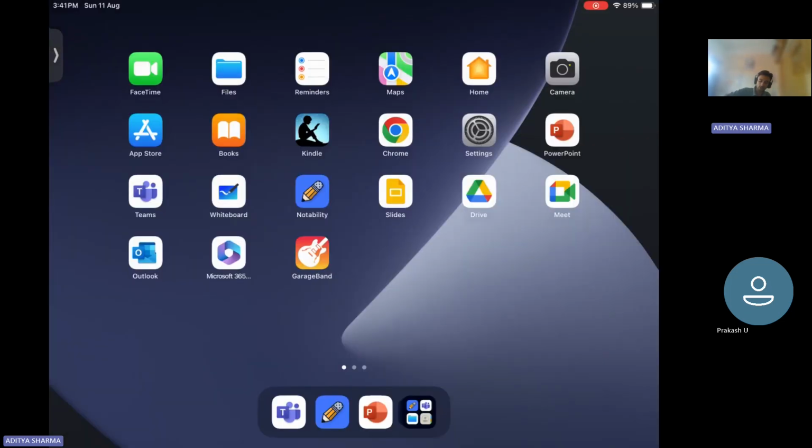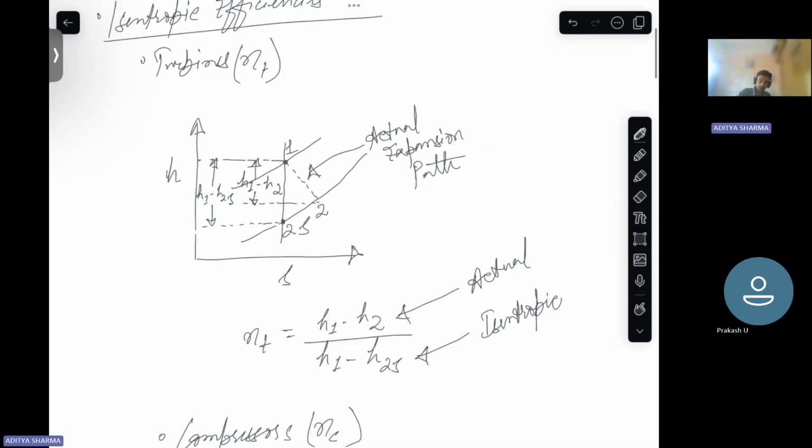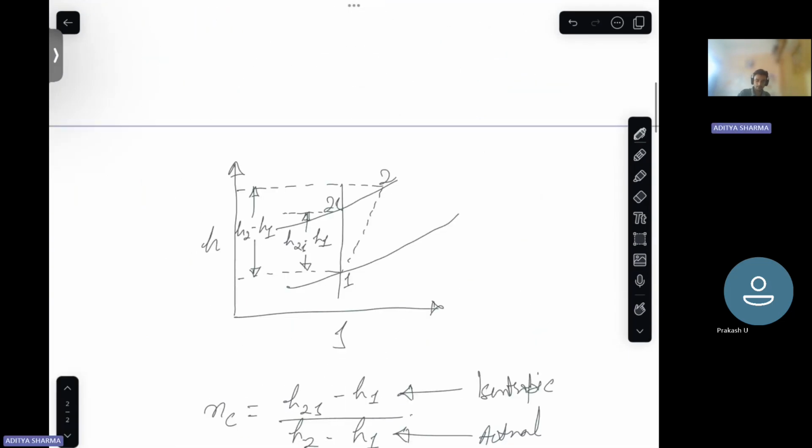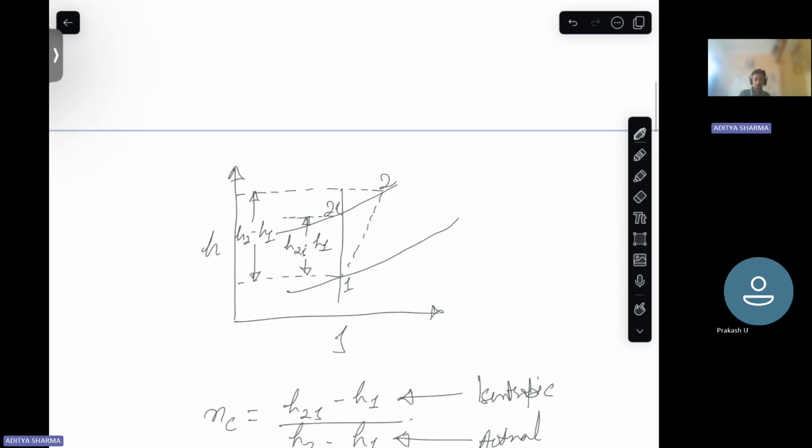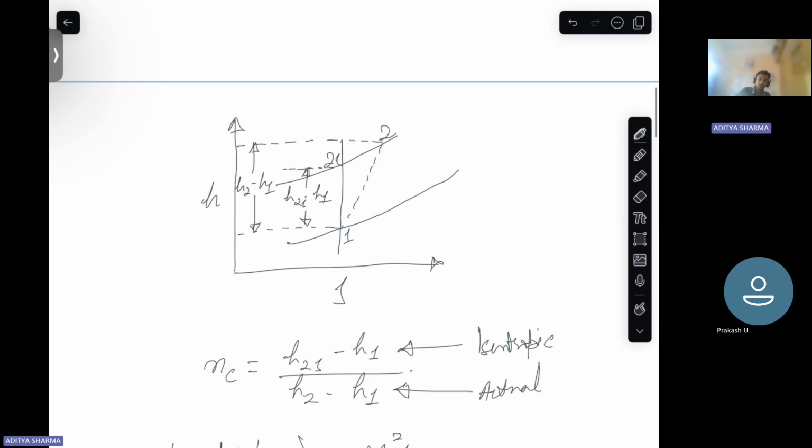It's better we again refer to the diagram. If you remember the diagram, it becomes easy to handle such questions. This diagram is for a compressor. Here we are moving again from state 1 to state 2, and enthalpy is increasing at state 2.